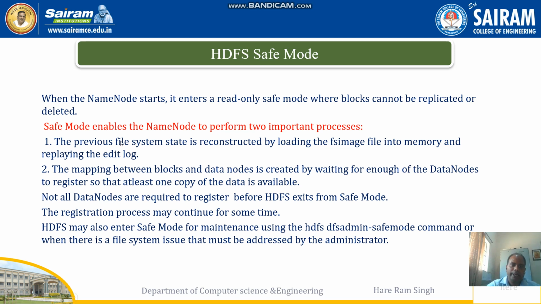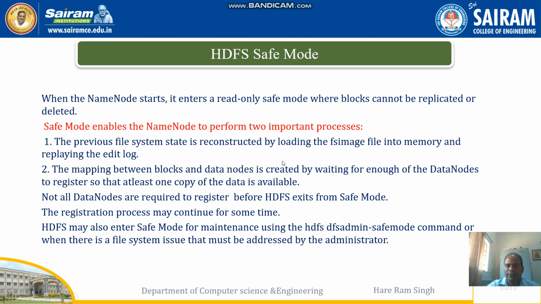Safe mode enables the name node to perform 2 important processes. First, the previous file system state is reconstructed by loading the FS image file into memory and replaying the edit log. The previous file system state, where it was written, how much it was read, all of that will be reconstructed.